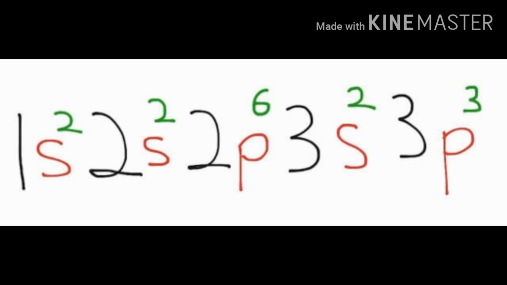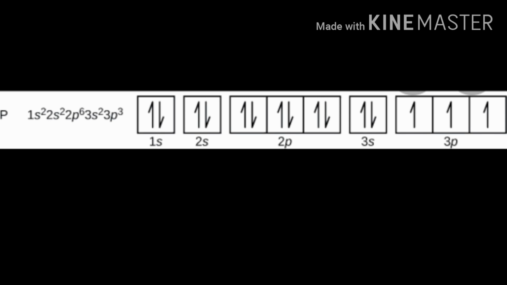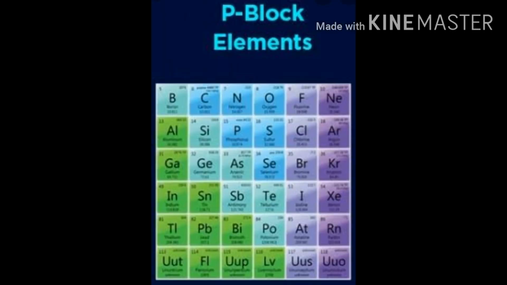The p orbitals contain 3 subcells, px, py and pz, and every orbital holds 2 electrons. So the p orbitals can hold up to 6 electrons in total. In phosphorus, the last electrons enter the p block, so phosphorus belongs to p block elements. Metals are arranged on the left side of the periodic table and non-metals are arranged on the right side of the periodic table.